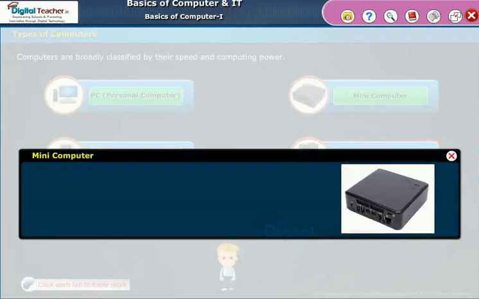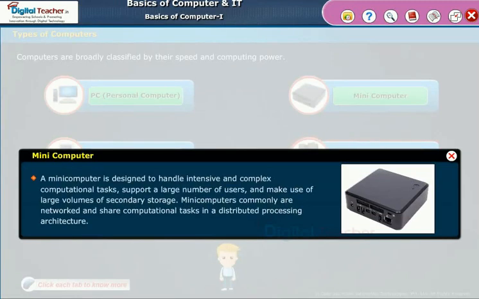Mini computer. A mini computer is designed to handle intensive and complex computational tasks, supports a large number of users, and makes use of large volumes of secondary storage. Mini computers commonly are networked and share computational tasks in a distributed processing architecture.